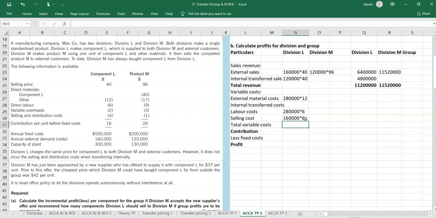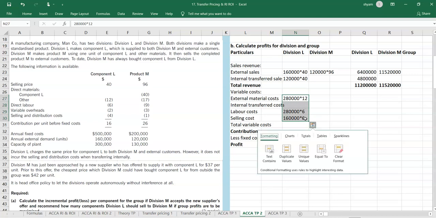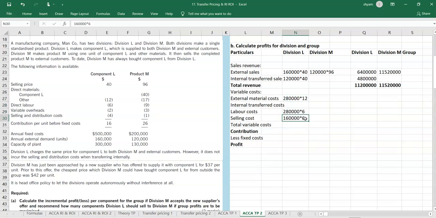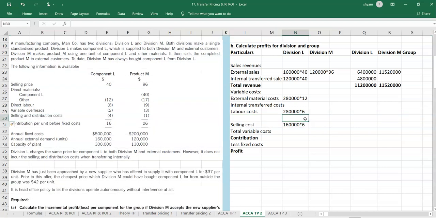Okay, so we'll first solve these. Okay, we have a variable overhead also. Variable overhead is $2.